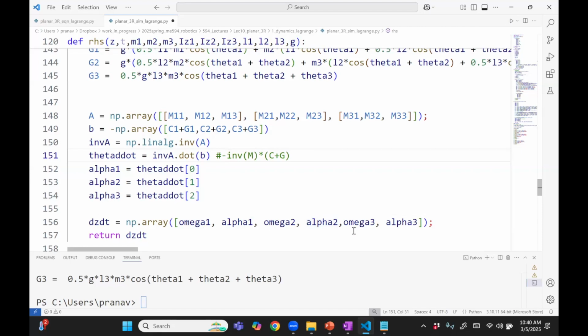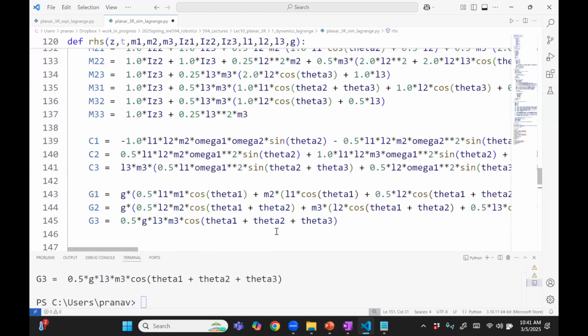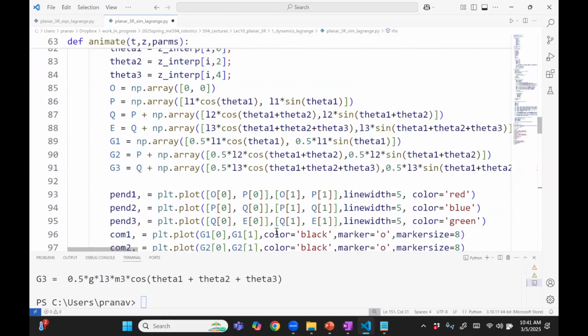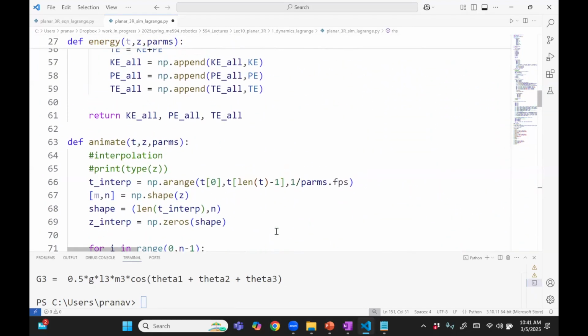So there are six variables which need to be integrated. Integrating this one gives me theta 1, integrating this gives me omega 1 for the next time step, and so on. So this is basically taking the state at the current time step and giving me what happens after a small change dt. That is taken care of by odeint.